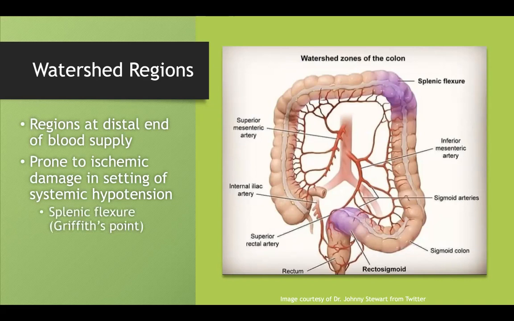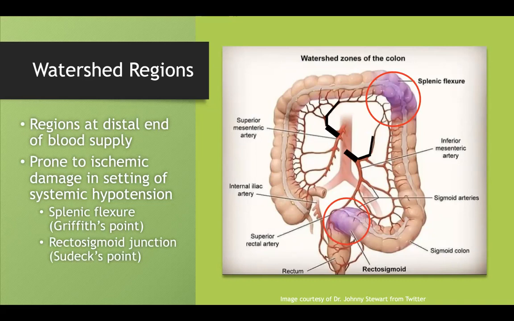In the large intestine, you need to know 2 different watershed regions. There is the splenic flexure, also known as Griffith's point, and there's also the rectosigmoid junction, which we're talking about now. And I have in the picture here, you can see how when the blood supply comes directly off of the superior mesenteric artery or the inferior mesenteric artery, there's very, very high perfusion pressures.